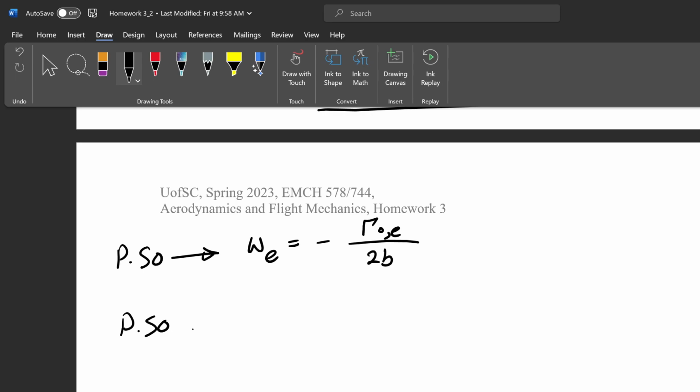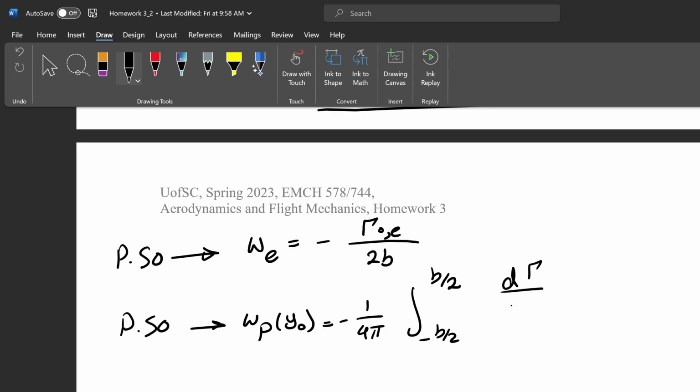From page 40, we can see that W of parabolic at y naught is negative 1 divided by 4 pi, integral from negative b over 2 to positive b over 2, d gamma dy divided by y naught minus y.